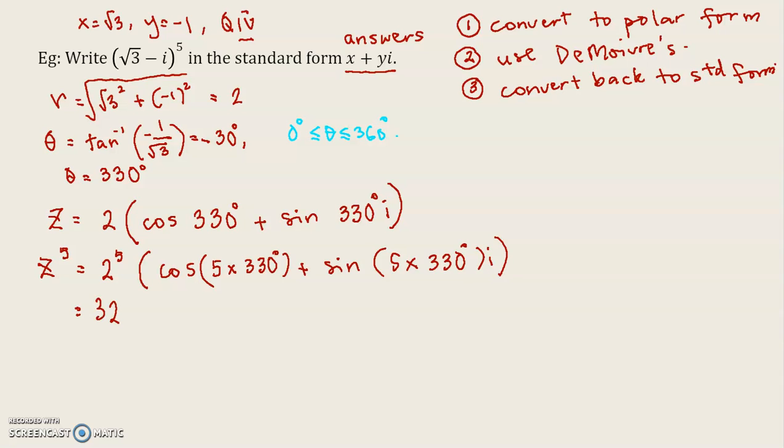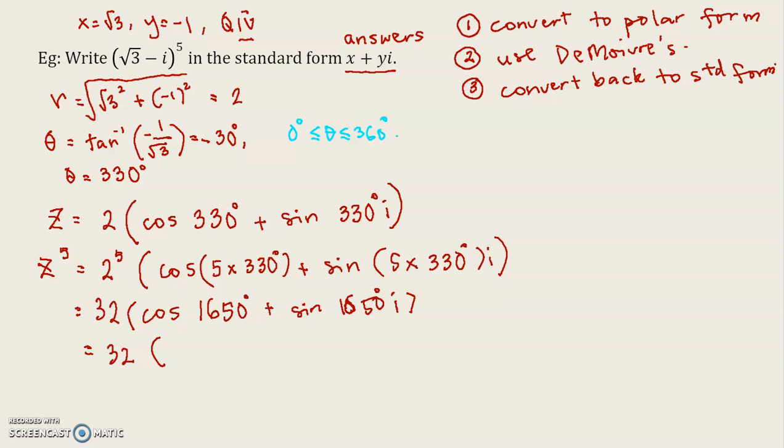So this is the complex number, cos 1650 plus sine 1650i.